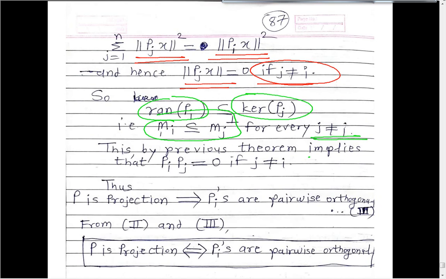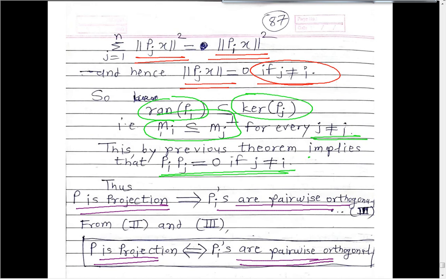In the previous theorem we proved that if the set M is orthogonal to N, then PQ is equal to 0. So by the previous theorem we get that Pi Pj must be 0 if j is not equal to i. So in the third part we proved the statement that if P is a projection, then the Pi's are pairwise orthogonal. So from the second and third parts, we can now conclude that P is a projection if and only if the Pi's are pairwise orthogonal.